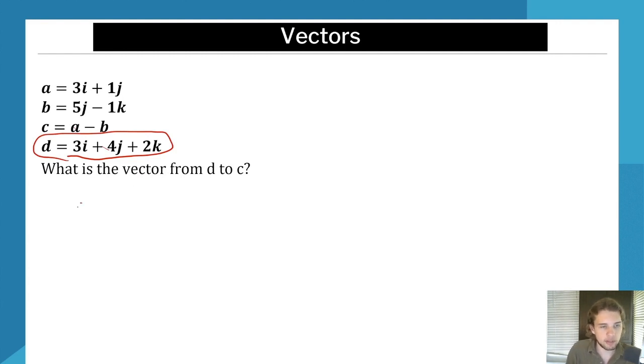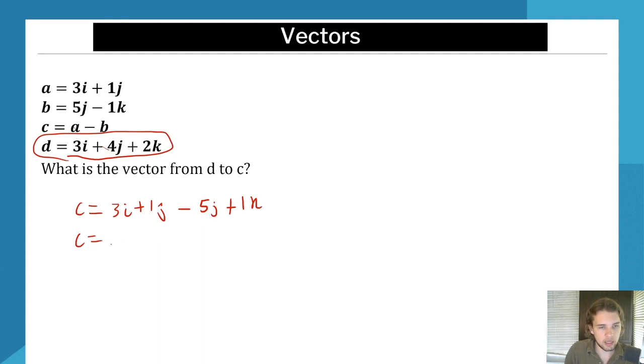So first we'll figure out what C is. C is equal to A, 3i plus 1j, and that's minus B, so that's minus 5j minus 1k, or plus 1k, because we're flipping the sign.